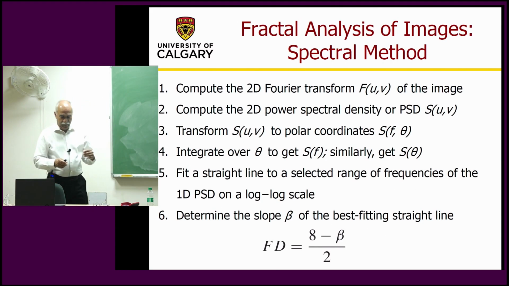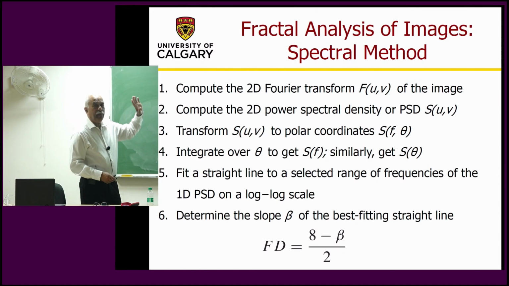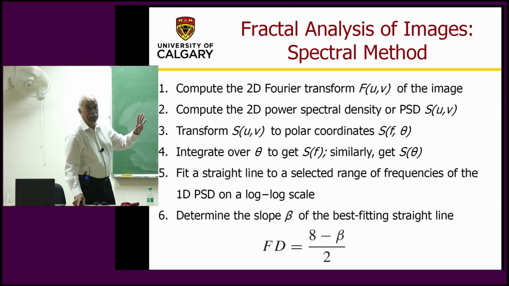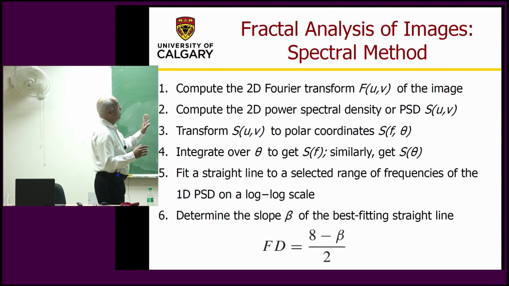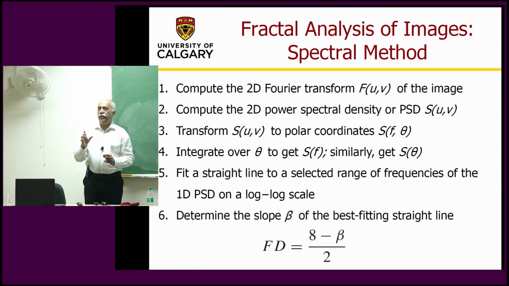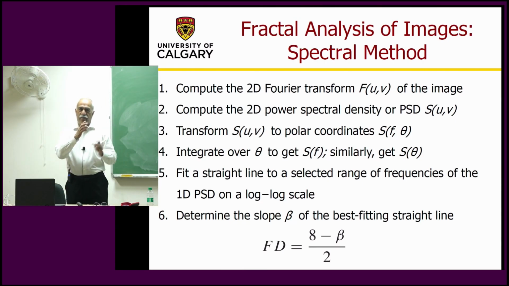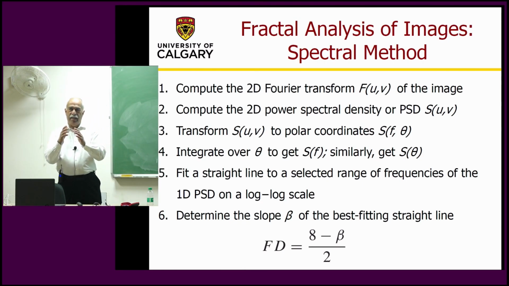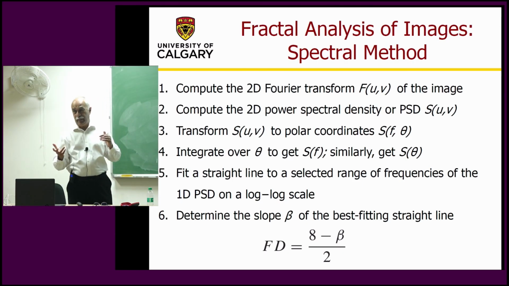Extend that, or rather go back and extend the spectral method that I described earlier with 1D VAG signals to images. You convert the Fourier spectrum, as I've shown earlier, from Cartesian to polar coordinates. And then from polar, you take the marginals versus angle and radial frequency.